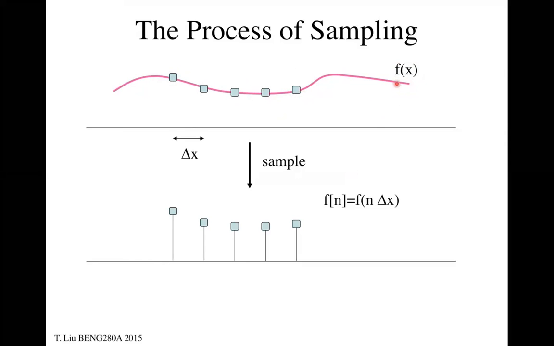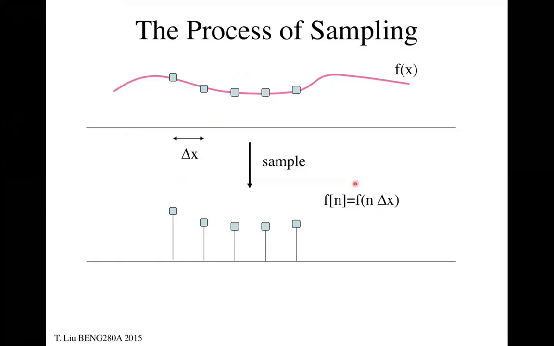We want to turn this continuous signal, in our case for CT, it's an image that exists in space of X-rays that are flying through space with different intensities, and we want to essentially convert it to these discrete samples.